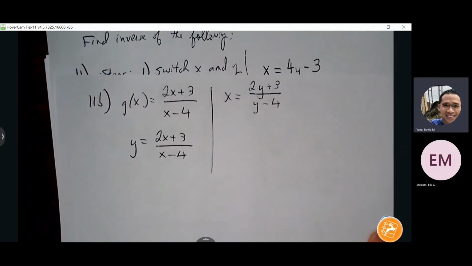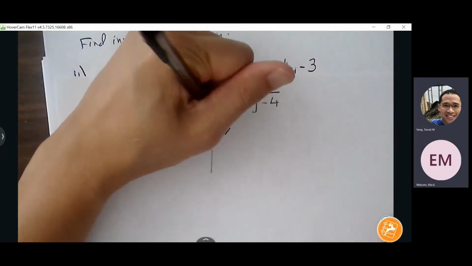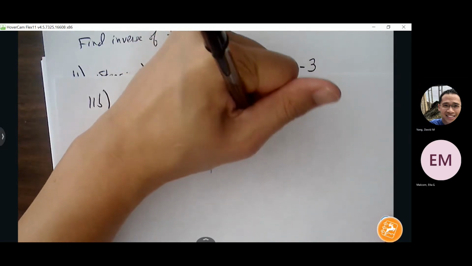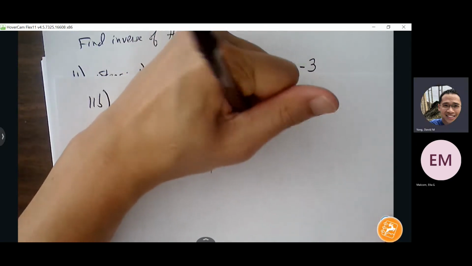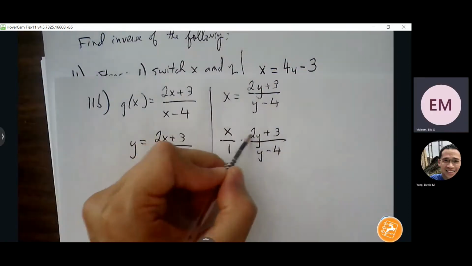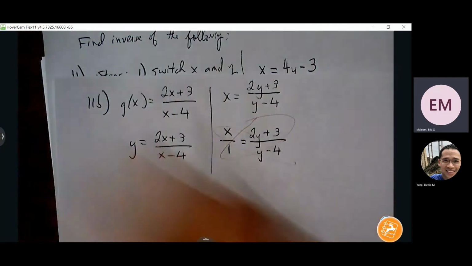It doesn't look like it's easy to get y by itself because there's multiple y's, right? But let's do this. Why don't we maybe cross multiply first, and then we can sort through this mess. Okay. So x times y minus 4 equals 2y plus 3.